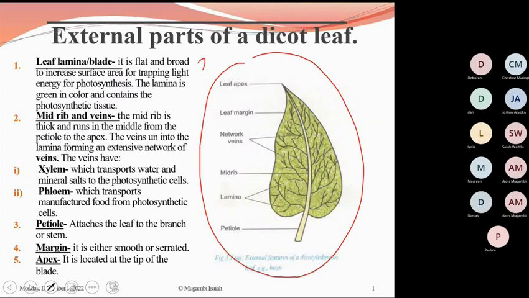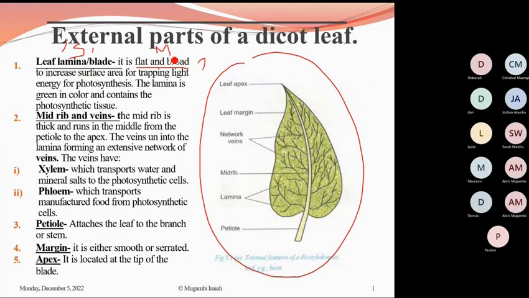Number three is the function of that modification. For example, the leaf blade is the structure. Then it is flat, and this is the modification.